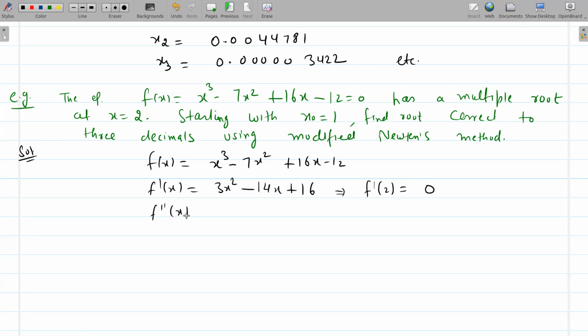So find its second derivative, then put x equals 2. So what do you get?